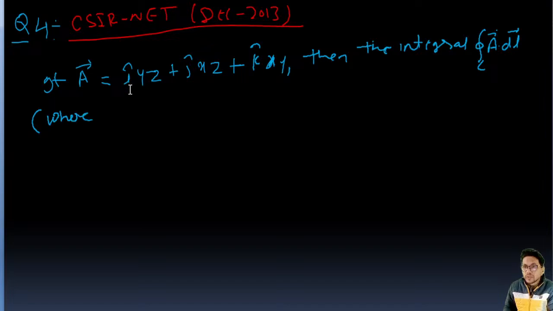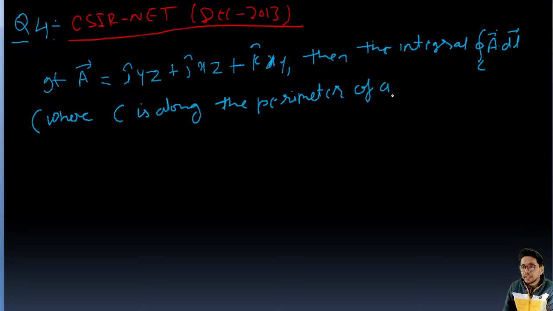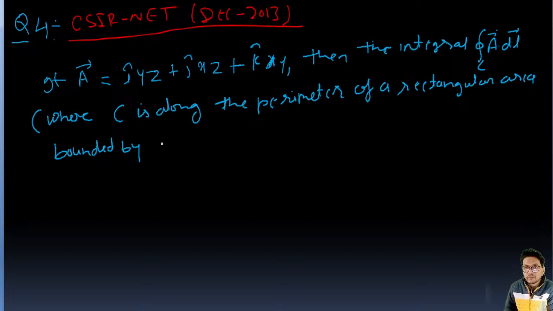C is along the perimeter of a rectangular area bounded by x equal to 0, x equal to a, and y equal to 0, y equal to a.